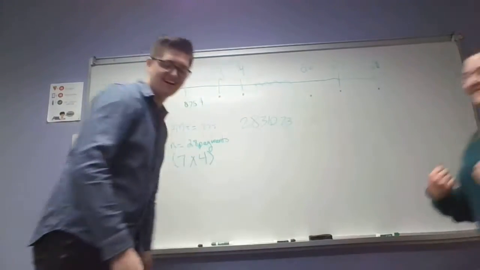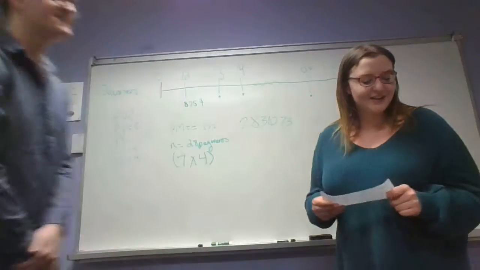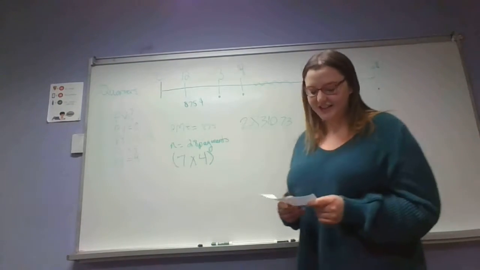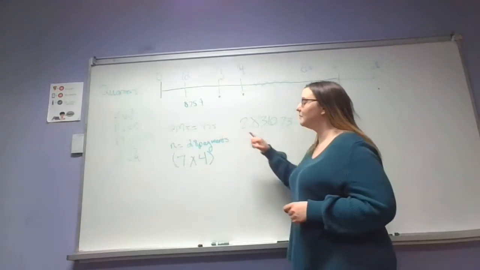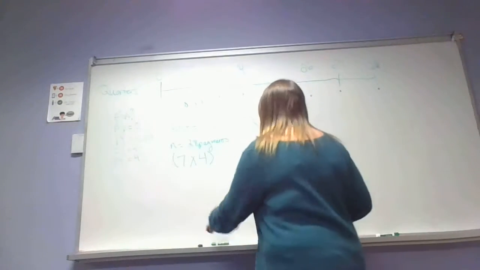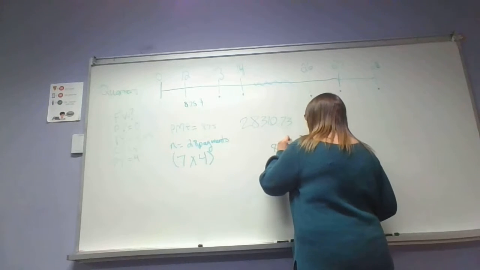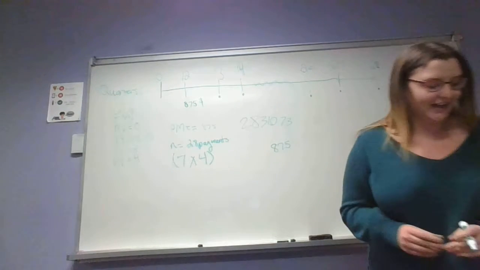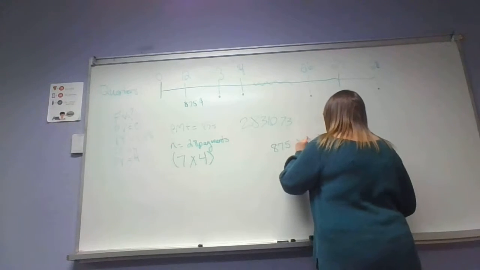All right, so Holly, would you be so kind to evaluate the next one? So our next question is, how much did he contribute? Which is, you're going to do your payment, which is $875, and then you're going to do times 28.